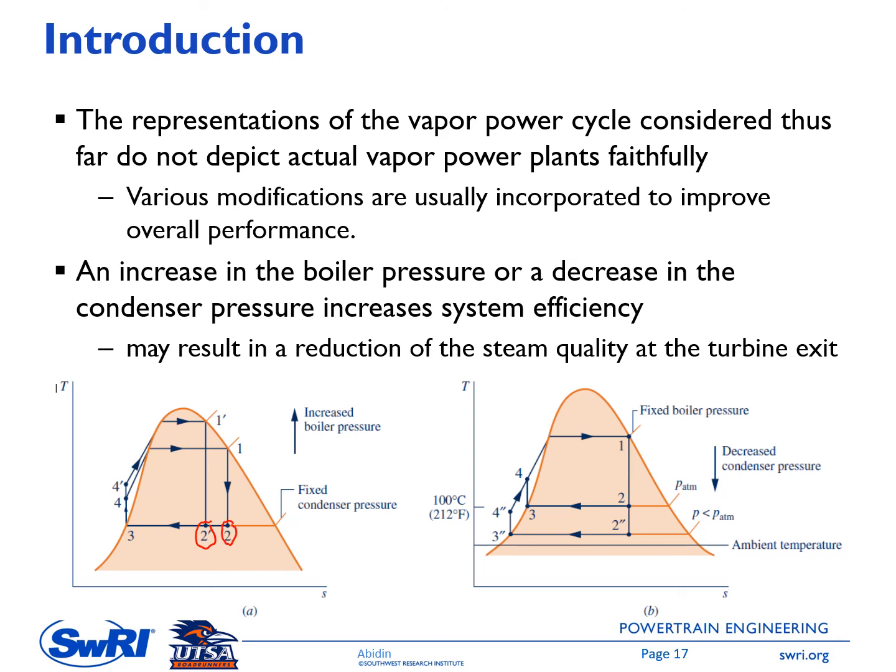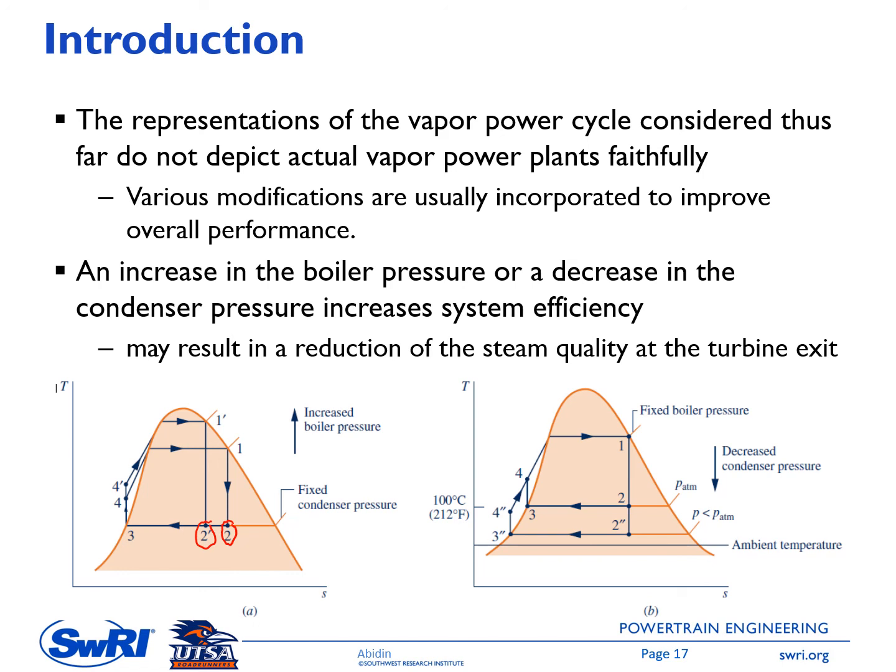Clearly you see that the steam quality at point 2 is higher than the one at point 2 prime. So once again, although increased boiler pressure improves the efficiency, it might impact the wear rate of the turbine because we have more two-phase flow inside the turbine that might erode the blades of the turbine.